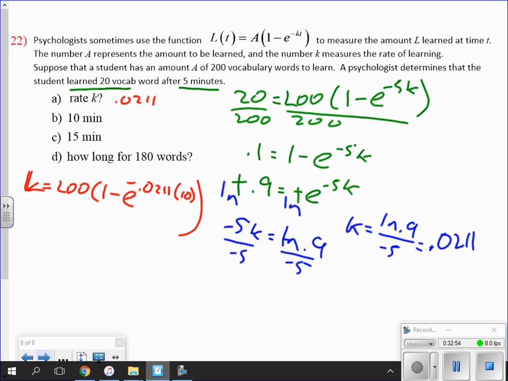Look at the natural log key. The e to the x is the one above that. You have to hit the second key to get to it. It's strictly a matter of plugging them in and working it out. And you get, at 10 minutes, approximately 38 words.